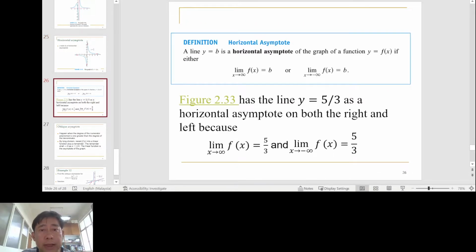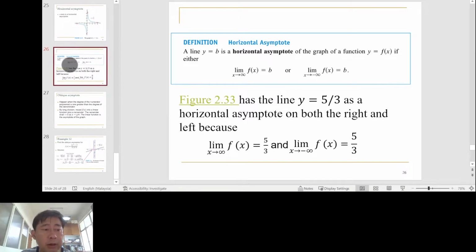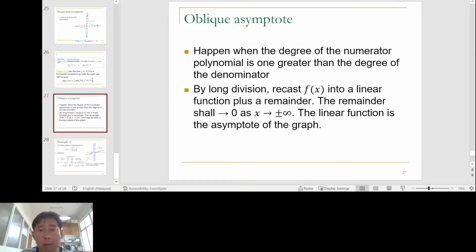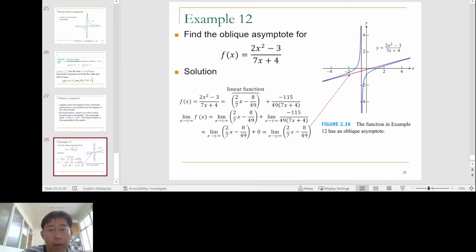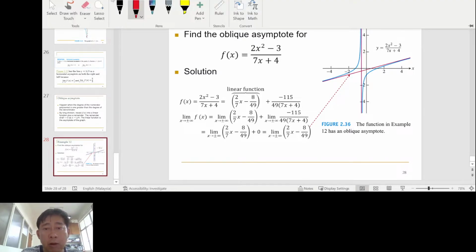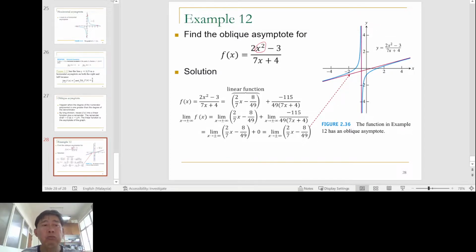Now, what is an oblique asymptote? An oblique asymptote happens when you have a rational function where the order of the numerator is one higher than the order of the denominator.